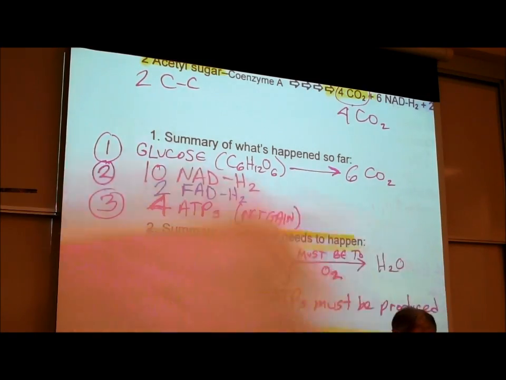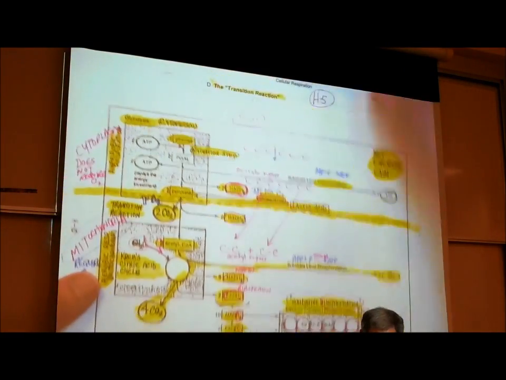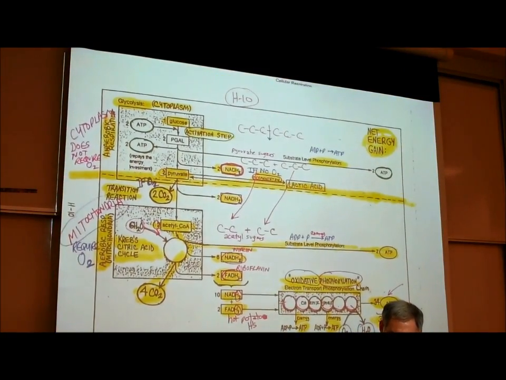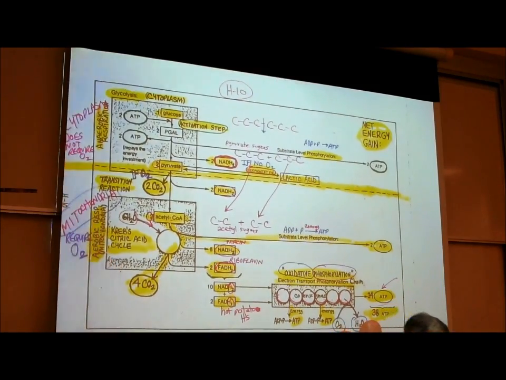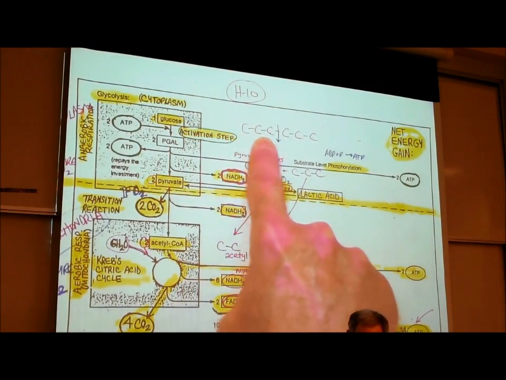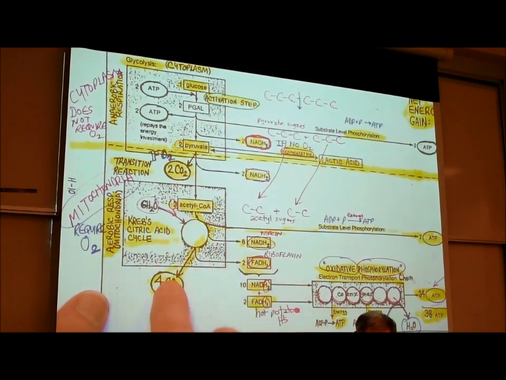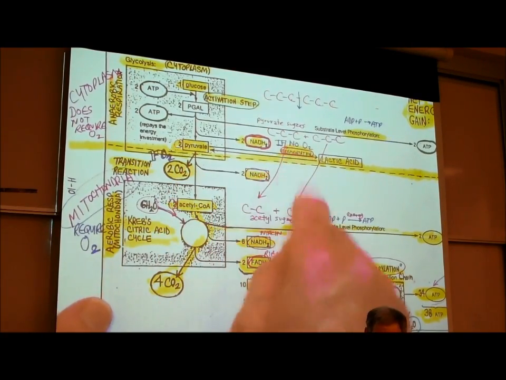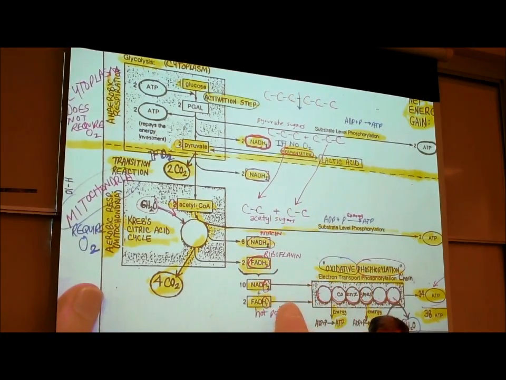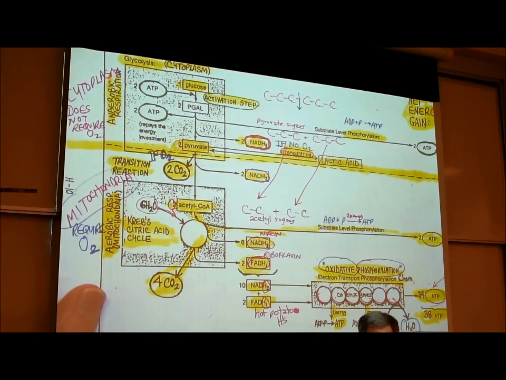Everybody got that? So just to show you how we accounted for all that, in our big chart on H10, we have gone from glucose, made up of 6 carbon atoms, into 6 carbon dioxides. The sugar's been broken apart. In addition, a total of 10 NADs have picked up hydrogens.